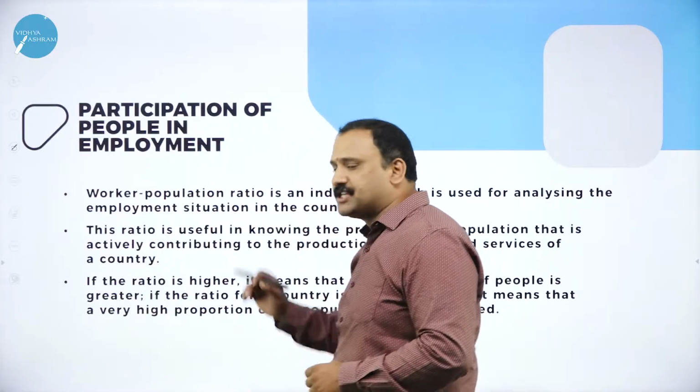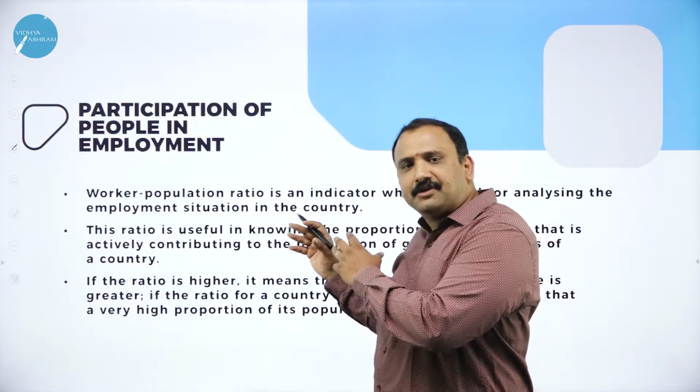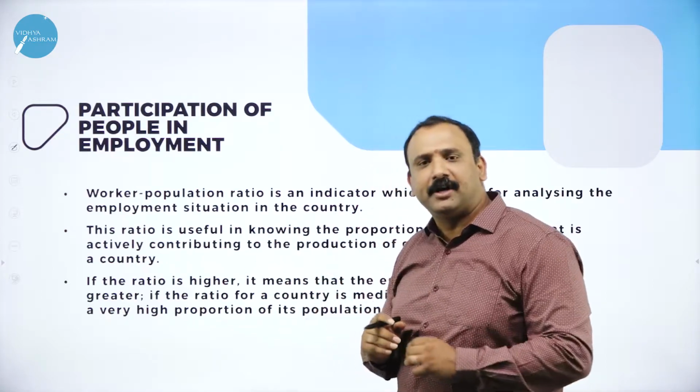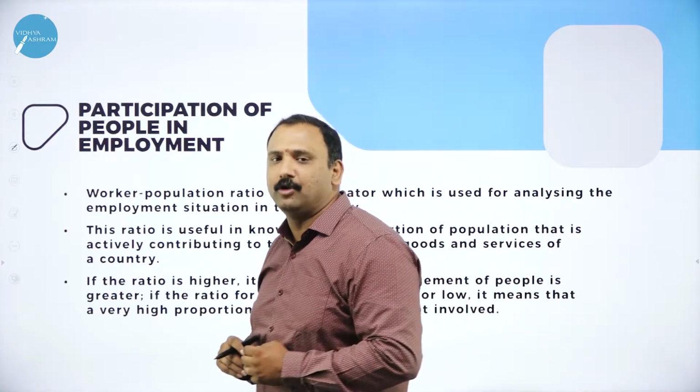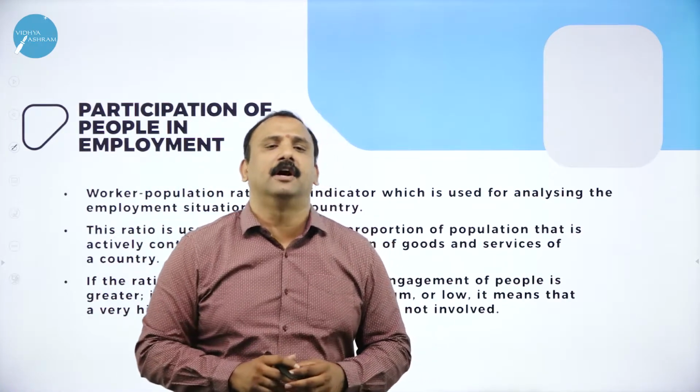Now, the participation of people in employment. Worker population ratio is one important ratio which I would like to talk about in economics because it judges the economy of a country.